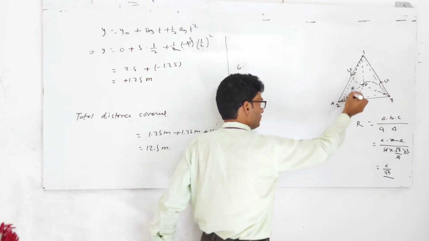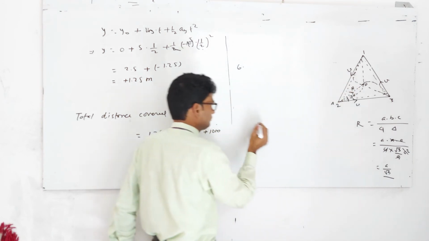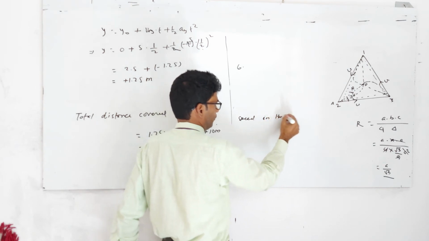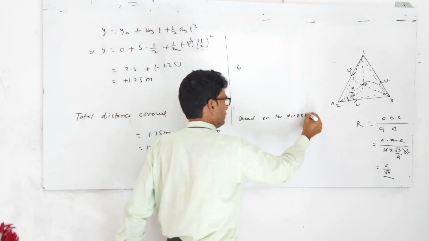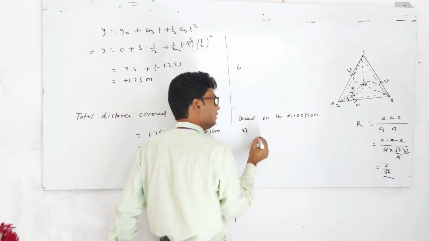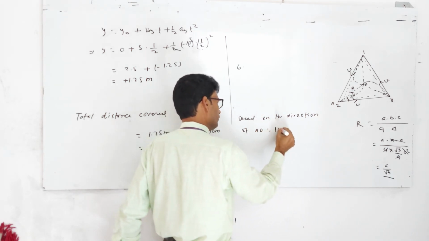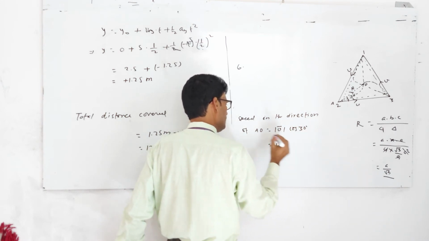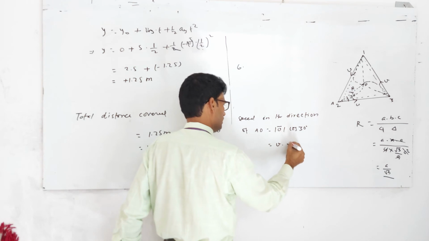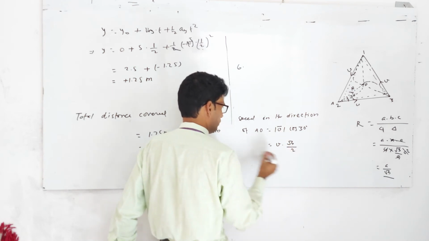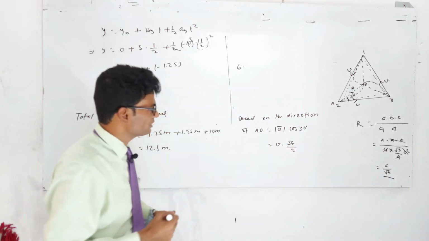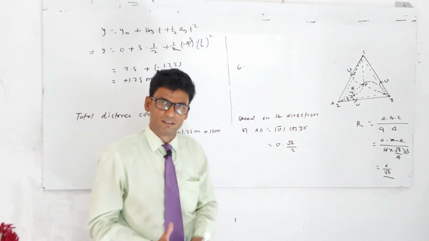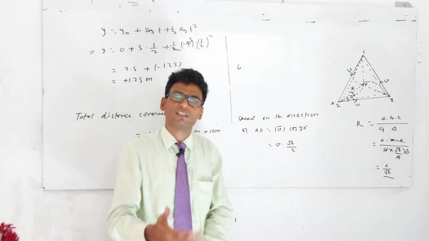So speed in the direction of AO, this is mod V cos 30. We all know mod V is V and cos 30 degree is root 3 over 2. So this is the speed. Now the speed is constant, distance is already known here, AO, that is the circumradius. Then there is no harm to use d equals v t relation.